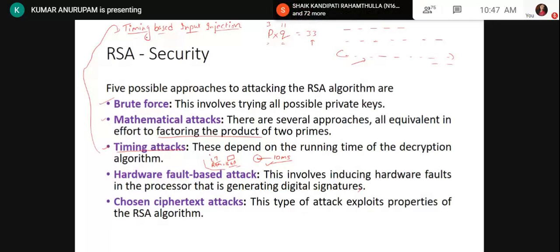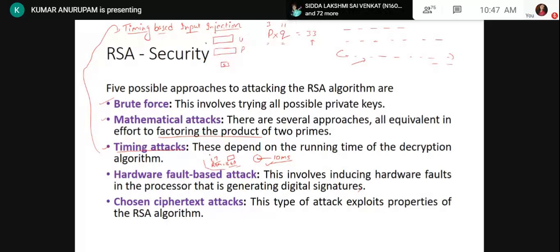So timing based SQL injection, or input injection, is something like this: for example, you have a login page which contains a username, and the second text box is where you input the password. So here is the username, here is the password, and here is your submit button.